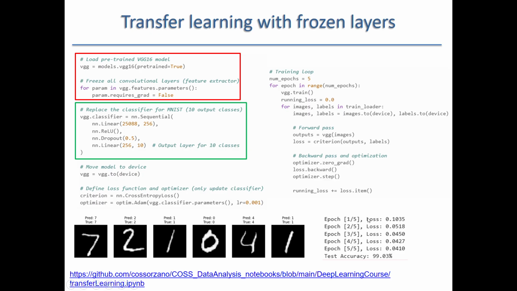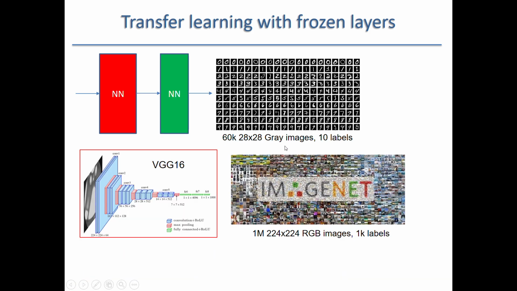So we can see how the loss behaves, and the accuracy is 99%: the digits are correctly classified. You have here the predicted and the true value, and the key thing here is that this is transfer learning. When you process images, or many other domains, the same happens.